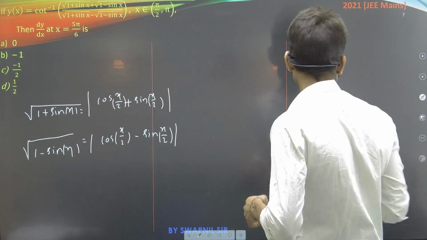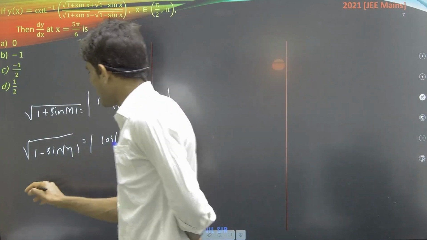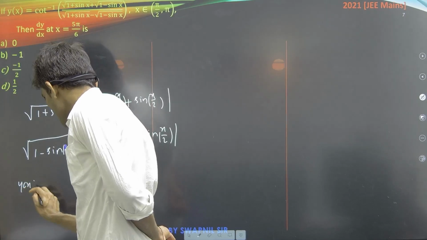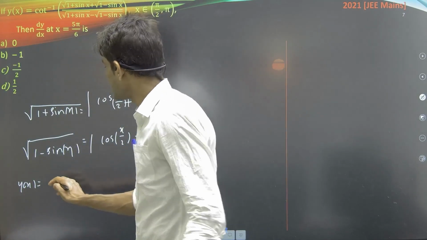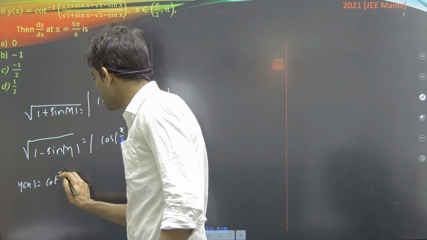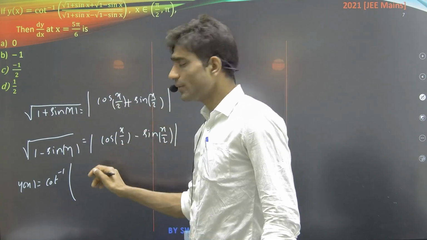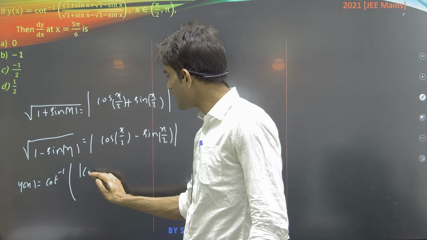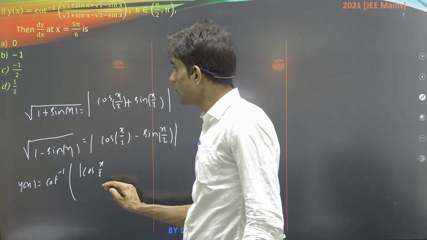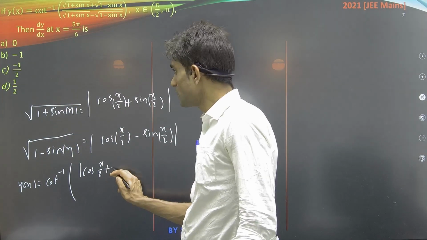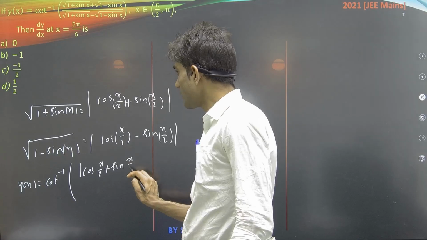Okay, now substitute the values. So y of x can be written as, keep cot inverse as it is. So square root of 1 plus sin x, which can be written as modulus of cos x by 2 plus sin x by 2.